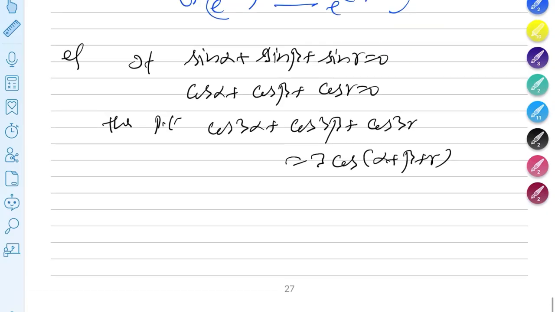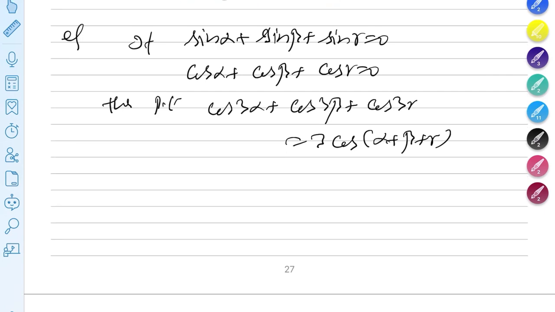For proving this one, I already discussed that the Euler form is a powerful tool to prove or solve any trigonometric identity. These are some trigonometric identities. How can we prove them?